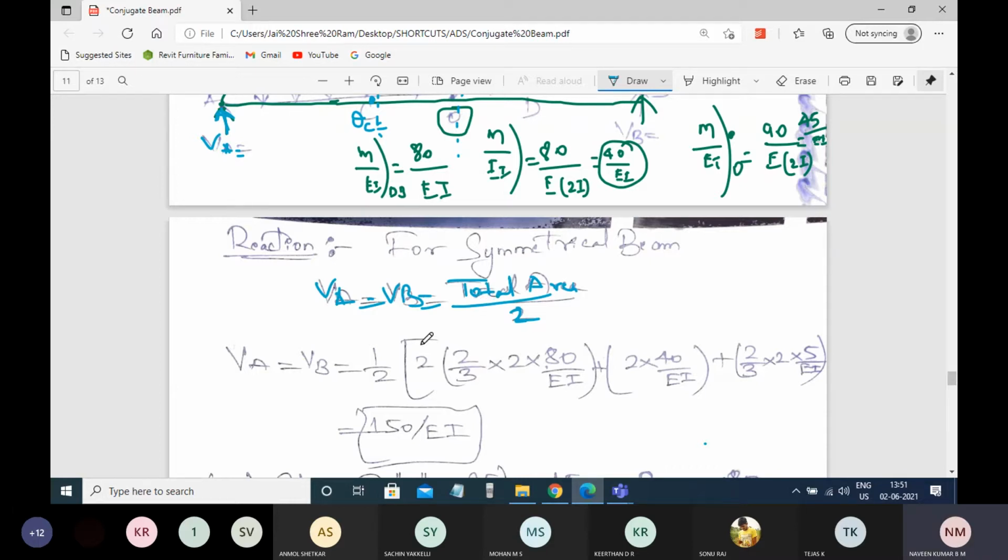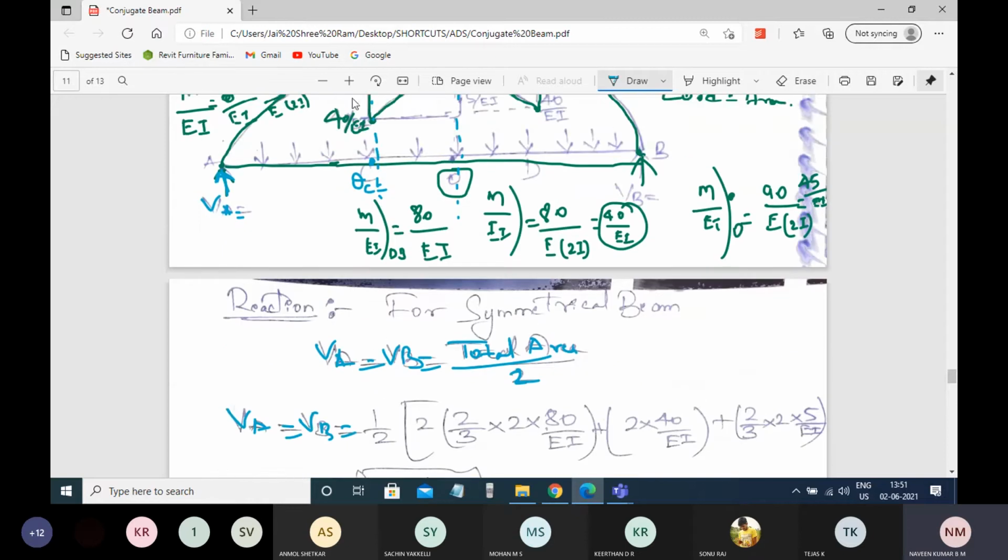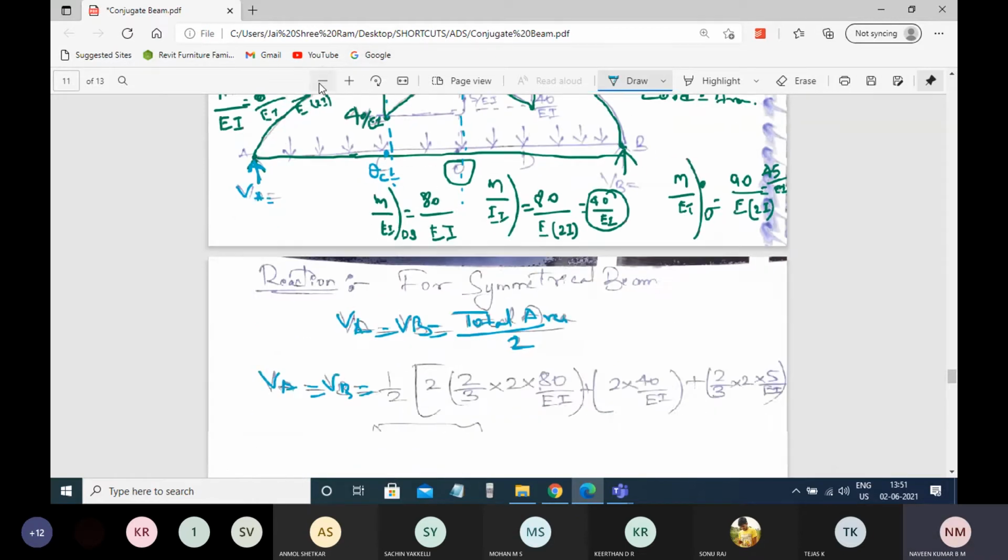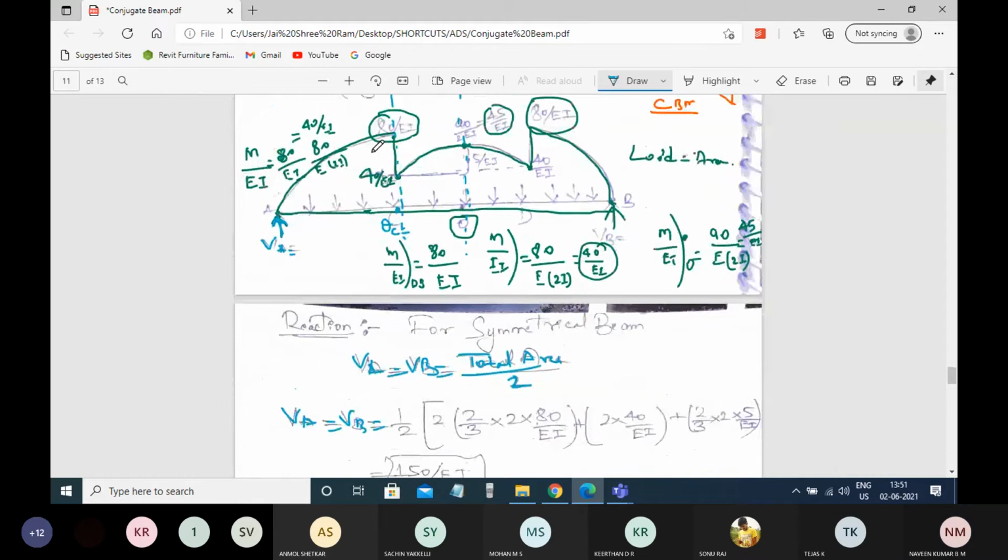Then you find VA or VB; both are the same. The total load is the area of this quadrant, the area of this semicircle, and the area of this particular rectangle.